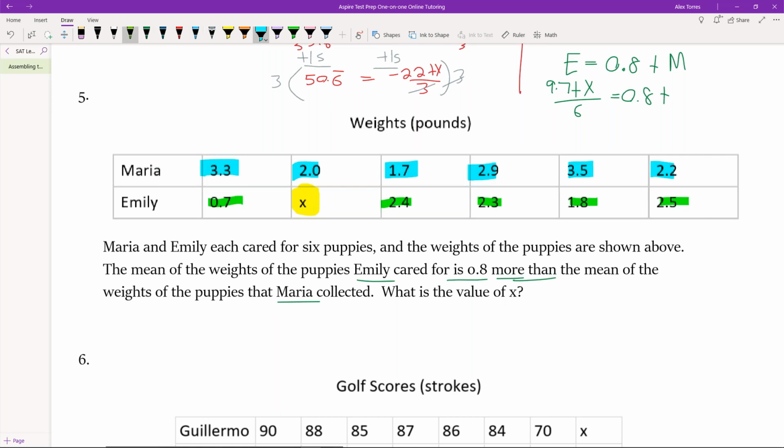So there we have 15.6 divided by 6. So that number there comes out to 2.6. So we can combine that and we get 3.4.